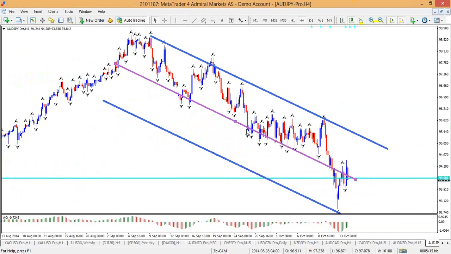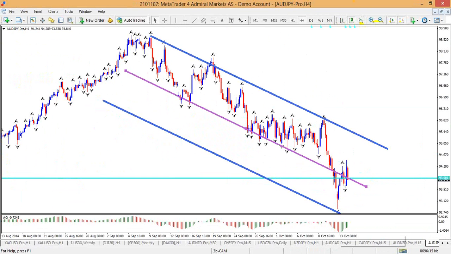This could be that middle line right there. It's certainly always possible the price could retrace back to the top of that channel, but it is risky because it is in a downtrend at the moment.